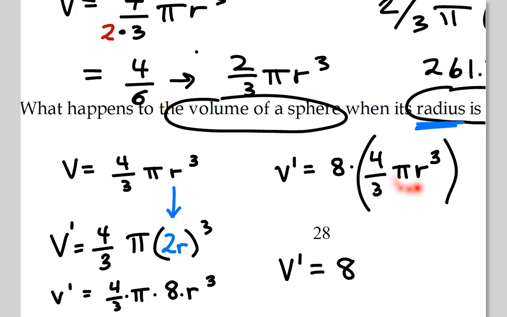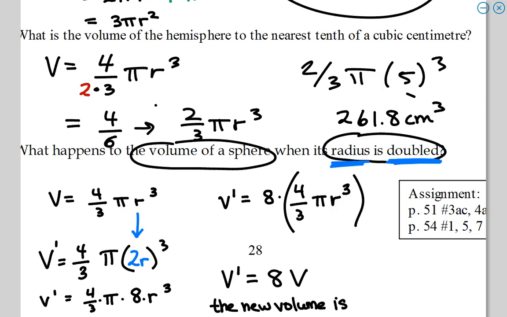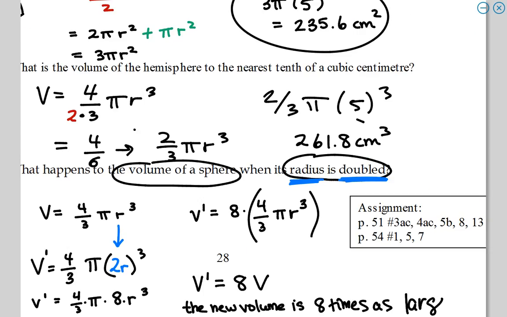I'll put v right here for a substitution. The new volume is 8 times as big. Okay, perfect. That leaves us plenty of time for homework.